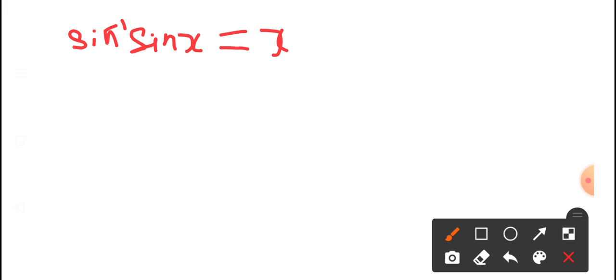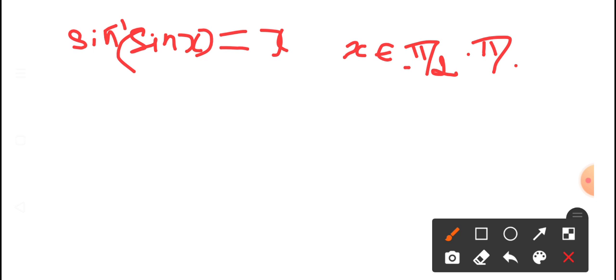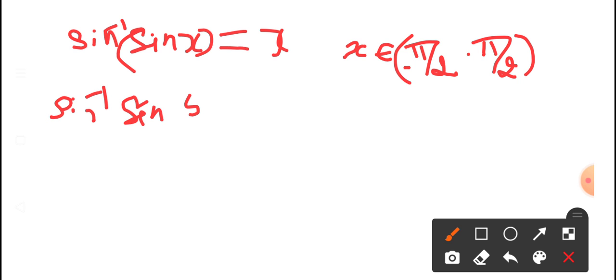Okay. Now our third subdivision. Again I write the formula: sin inverse of sin x is equal to x, when x belongs to minus pi by 2 to plus pi by 2. Now our third sum is sin inverse of sin 5 pi by 6.